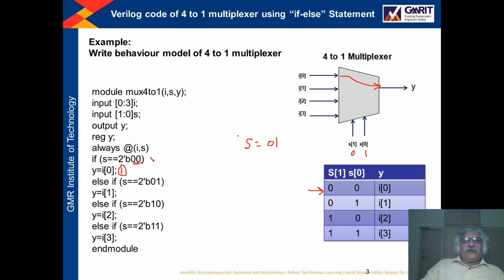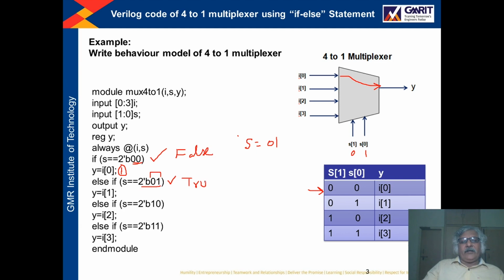If you see the first if, S is equal to 0 0, no, it is false. So statement 1 is not executed. Now the next else if will be evaluated. So if S is 0 1, here it is written 2'b01. So the binary value is 0 1. So if S is 0 1, yes, here it is true.